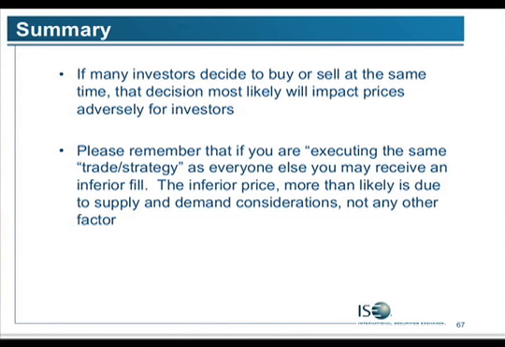But if you take the recommendations and blindly put in market orders, you might get inferior fills. Because if everybody's trying to put a market order in, the prices might really go, quote-unquote, berserk. So you might want to use a limit order in that case. If you're executing the same trade or strategy as everyone else, you might get an inferior fill, an inferior price. More than likely, it's due to supply-demand considerations, not any other factor.